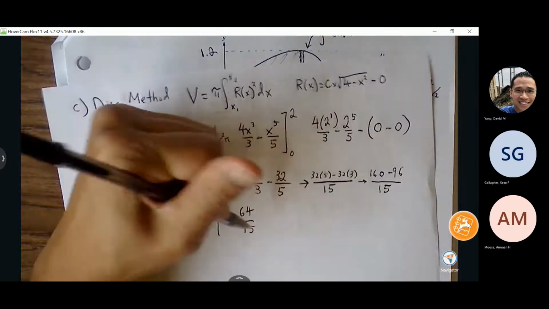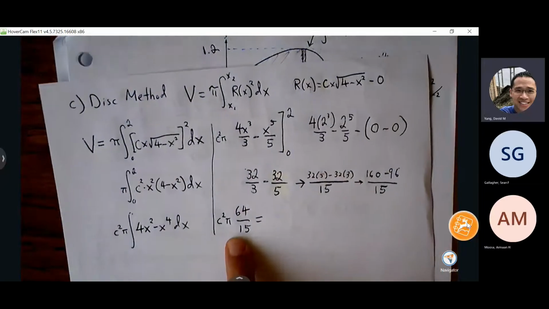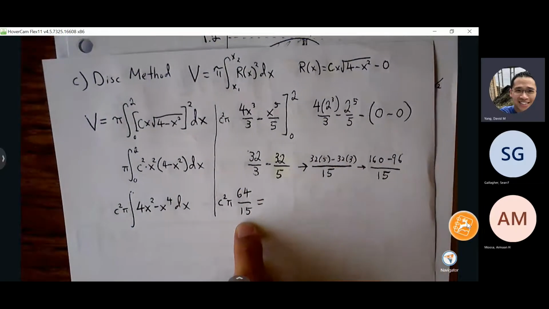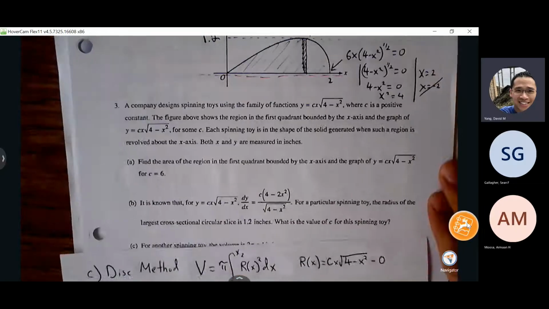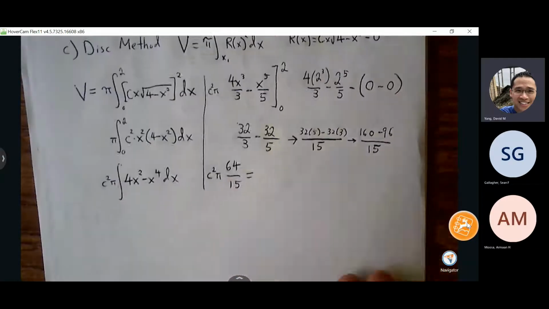Okay, C squared pi. So this is our resulting volume. We know it's going to be equal to 2 pi, just given to us there, 2 pi cubic inches.